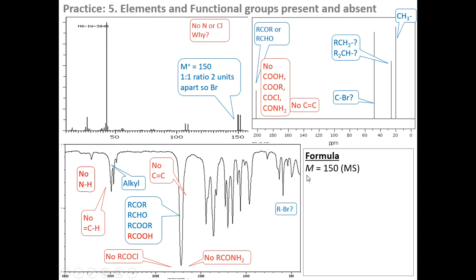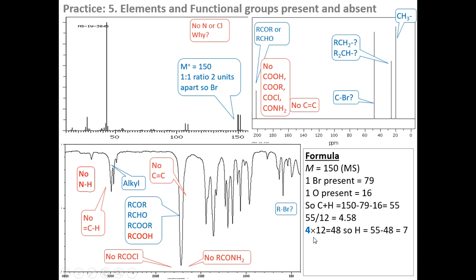So going towards the formula, molecular ion of 150, subtract the large mass from the bromine, also the oxygen from the carbonyl, and that leaves us with 55 from carbon and hydrogen. Divide by the molar mass. If I've got 4 carbon atoms, which looks right because I have 4 carbon environments, so I must have at least 4 carbon atoms present.